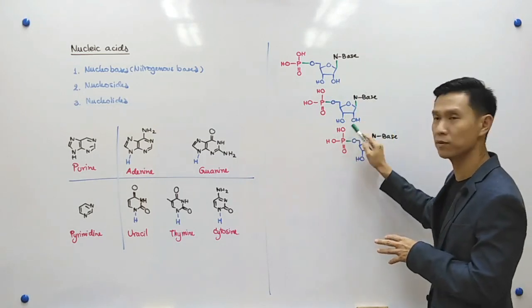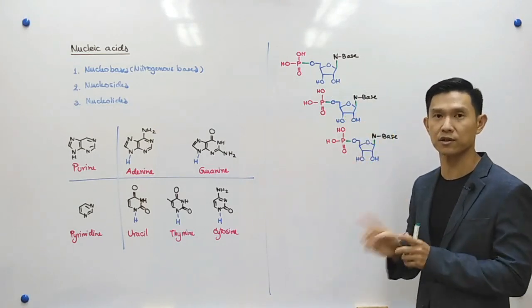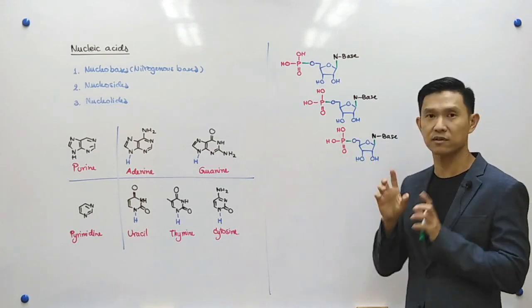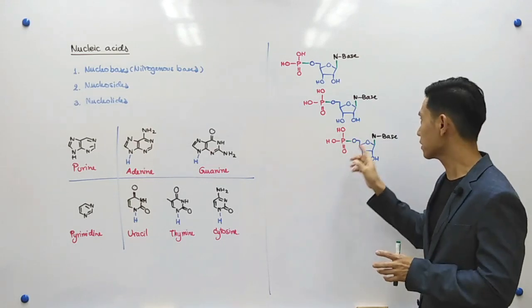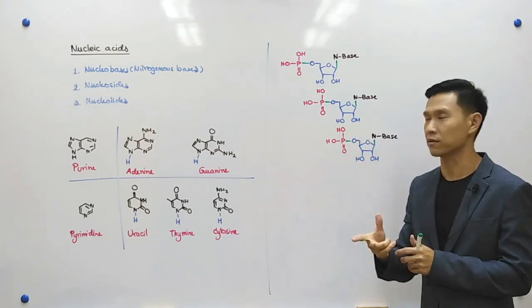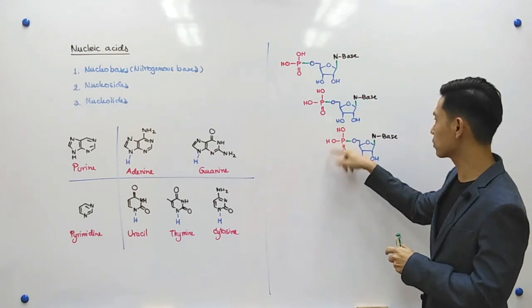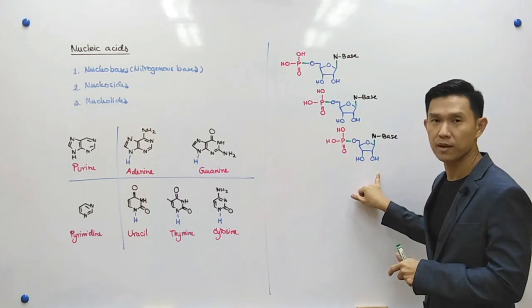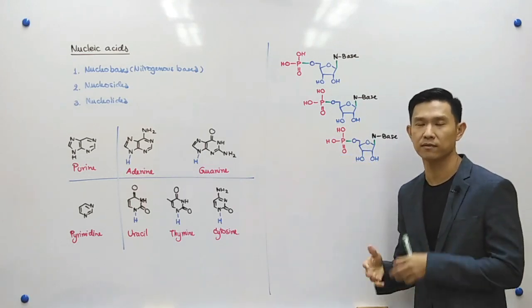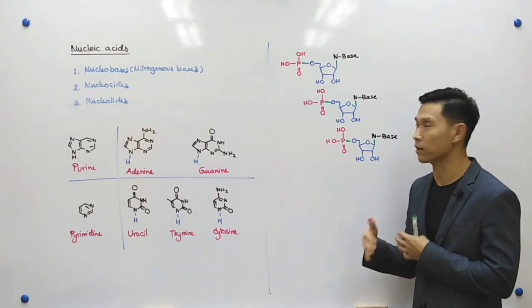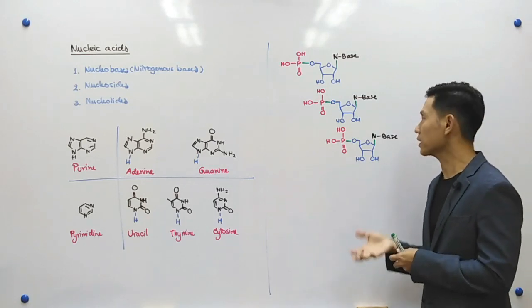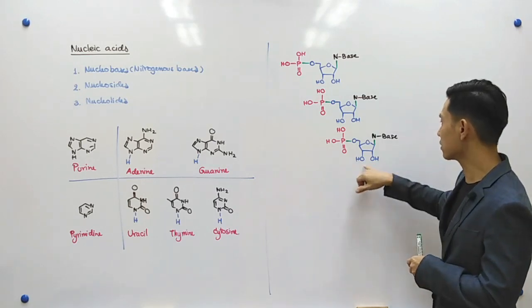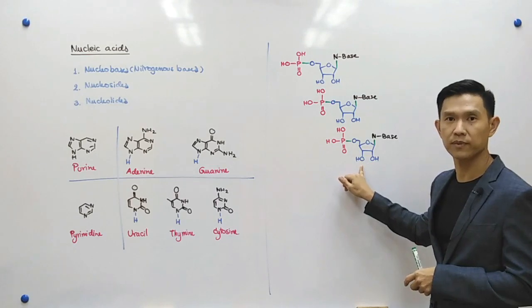You have 2 OH groups over here, which are identical, because the molecule is like a tetrahedron. So these 2 OH are the same, but these 2 OH are not. But by the enzyme system, by the biomolecule system, they catalyze the condensation using the left-hand OH over here.